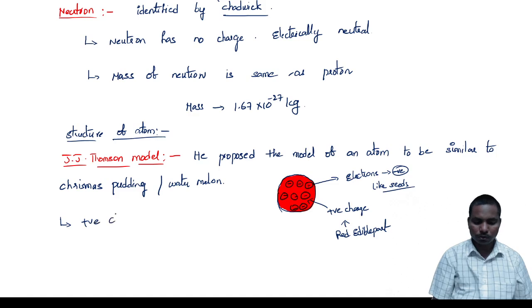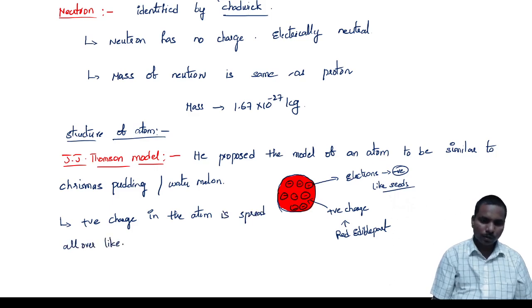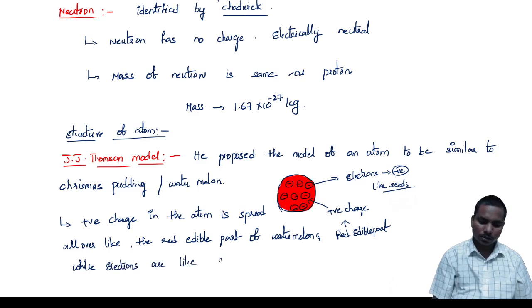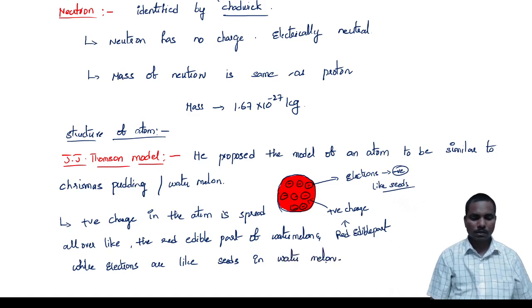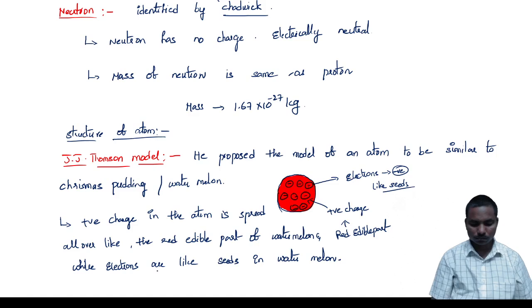According to this, the positive charge in the atom is spread all over like the red edible part of the watermelon, while electrons are like seeds in watermelon.